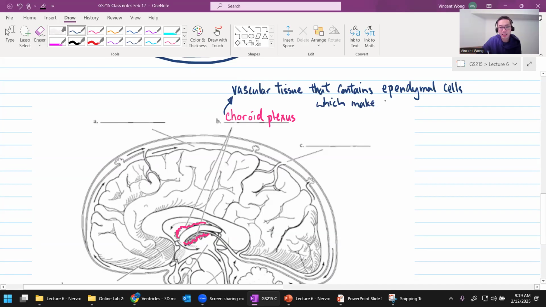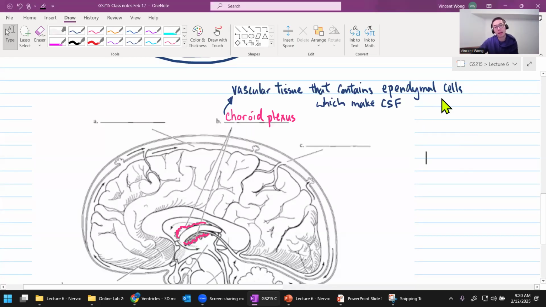which make CSF. So by the way, since neurons don't divide, when a person gets brain cancer, it's not from the neurons themselves. It's actually from these glial cells, because glial cells are capable of mitosis, and when they go into uncontrolled division, that's how brain cancer arises.